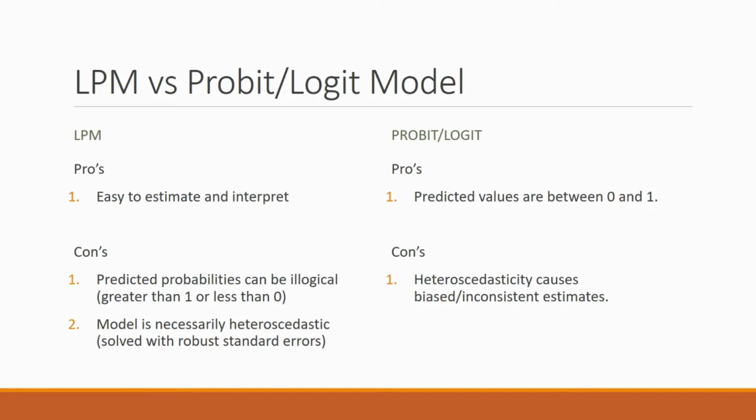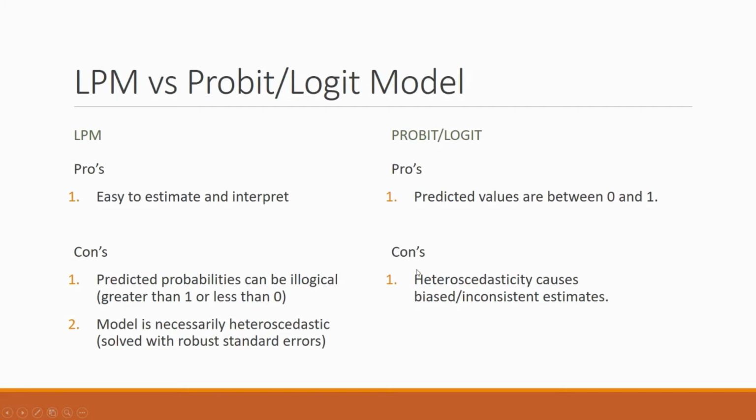But that's not a big problem for the linear probability model because you can just use robust standard errors. So those are the pros and the cons of the linear probability model. The pros and cons of the Probit model. The big pro is that the predicted values are going to be between 0 and 1. That's a big advantage.